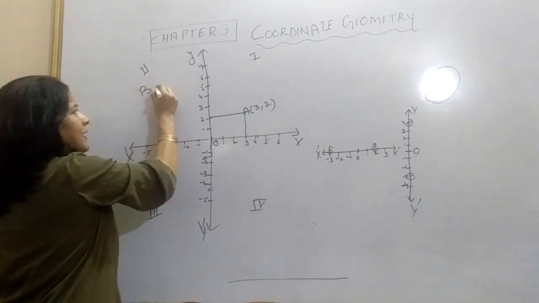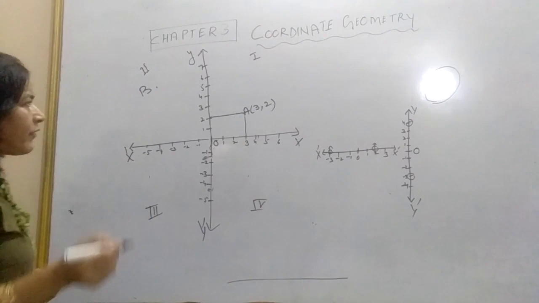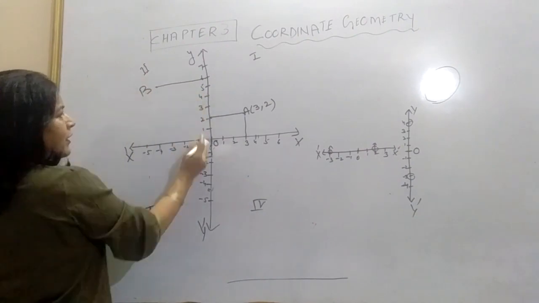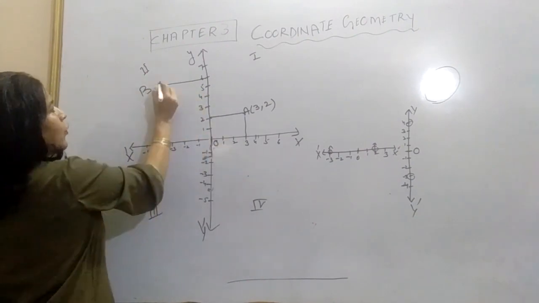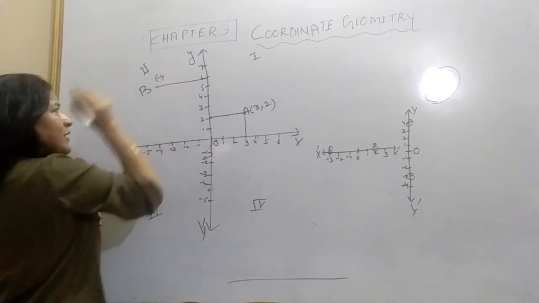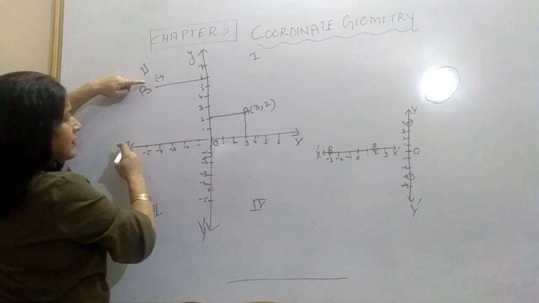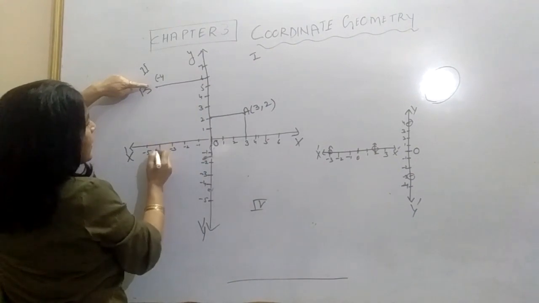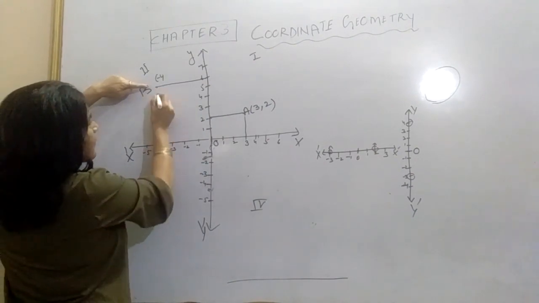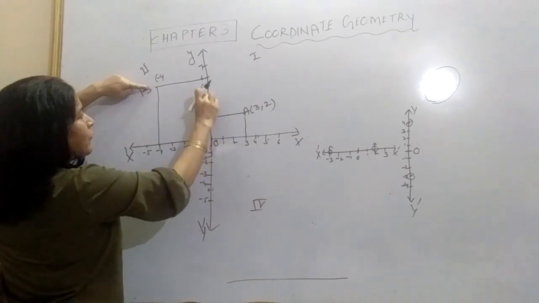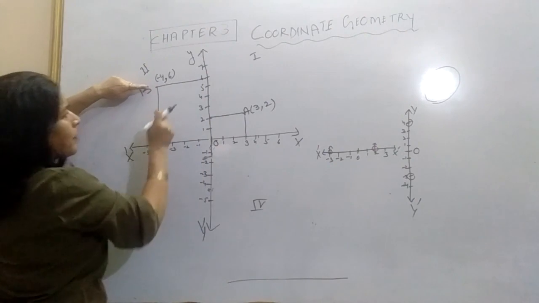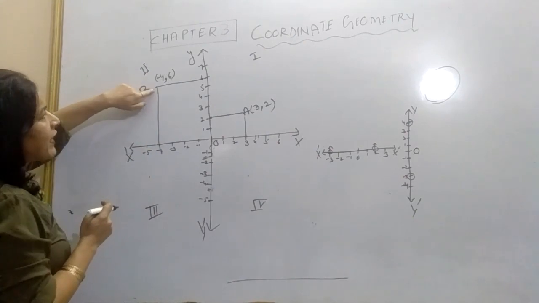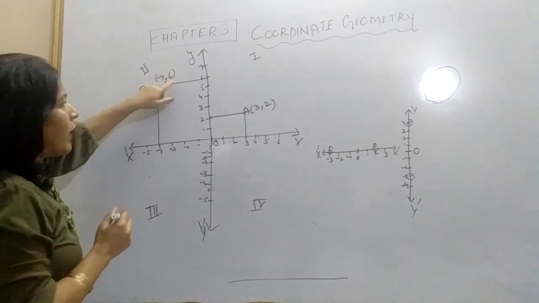If I have to represent this point B, its perpendicular distance from the y-axis is 4 units, so -4 because it is toward the left side of the origin, and its perpendicular distance from the x-axis is 1, 2, 3, 4, 5, 6 units. So the perpendicular distance from the y-axis is the x coordinate or abscissa and the perpendicular distance from the x-axis is the y coordinate or ordinate.